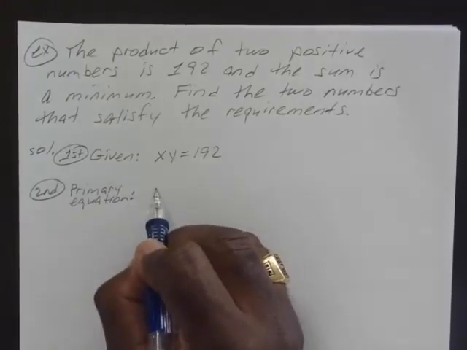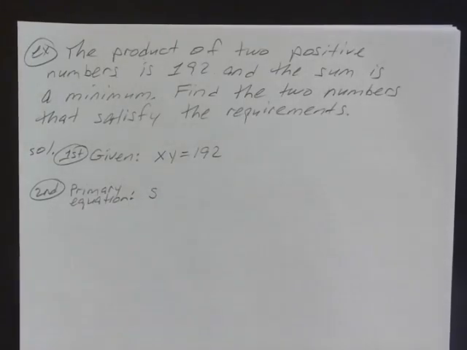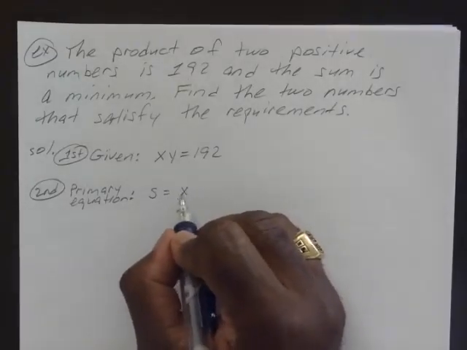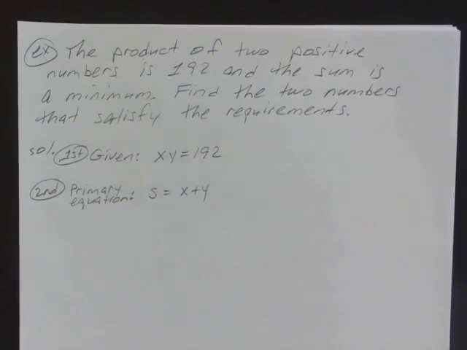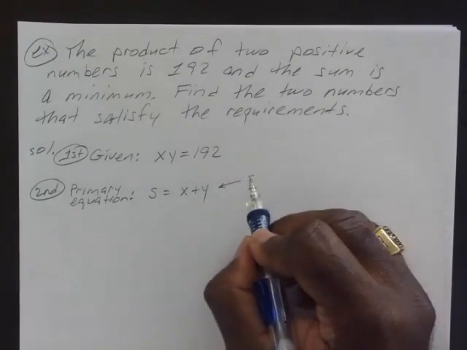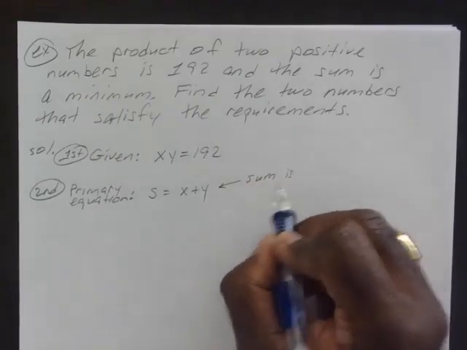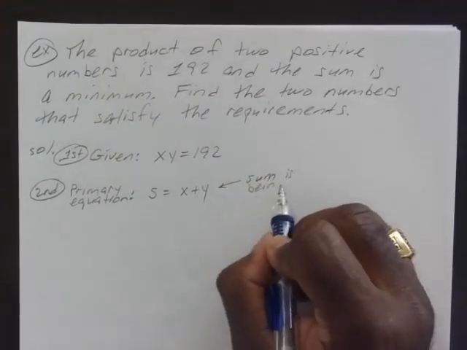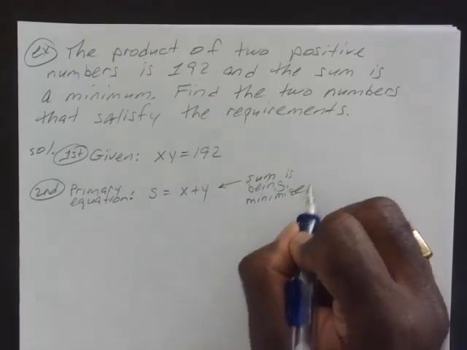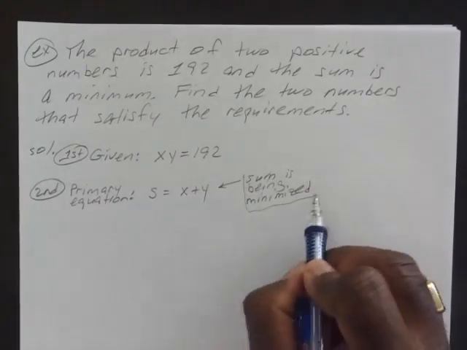Okay, so we'll let the sum, we'll call it S, be equal to x plus y. That's because the sum is being minimized. So that is our primary equation.